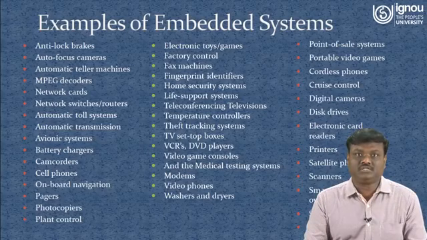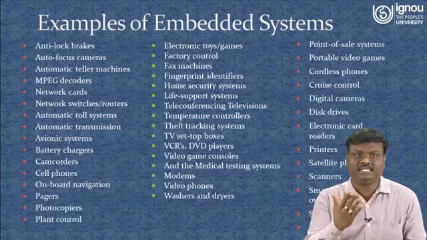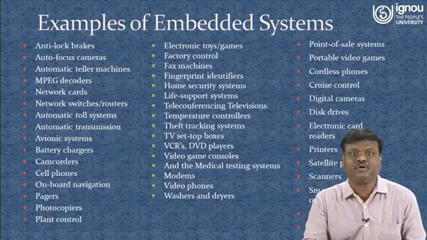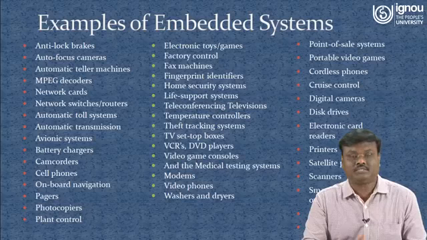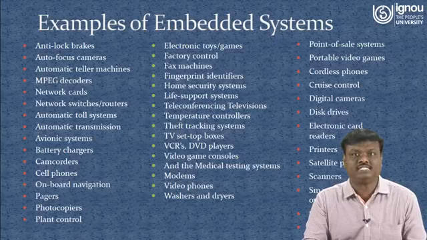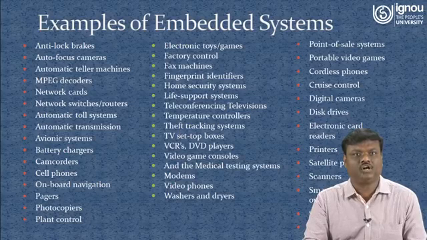Automatic teller machines also contain embedded systems. MPEG decoders, you can see there is a long listing: camcorders, pagers, industrial equipment, teleconferencing, televisions, set-top boxes. The TV set-top box also has these embedded systems, as do washers, dryers, disk drives, printers, satellite phones, mobile phones, scanners, whatnot.